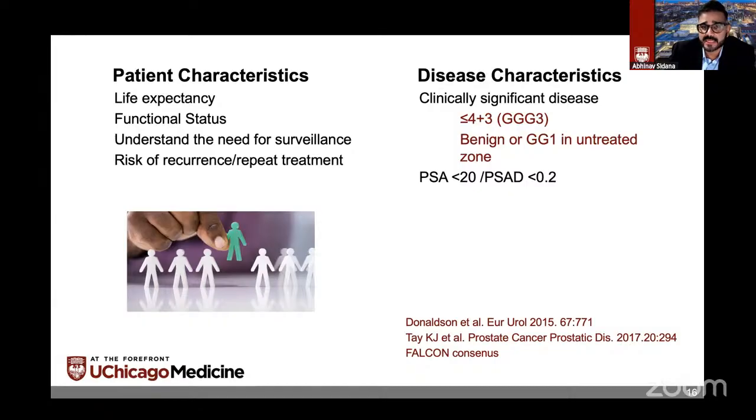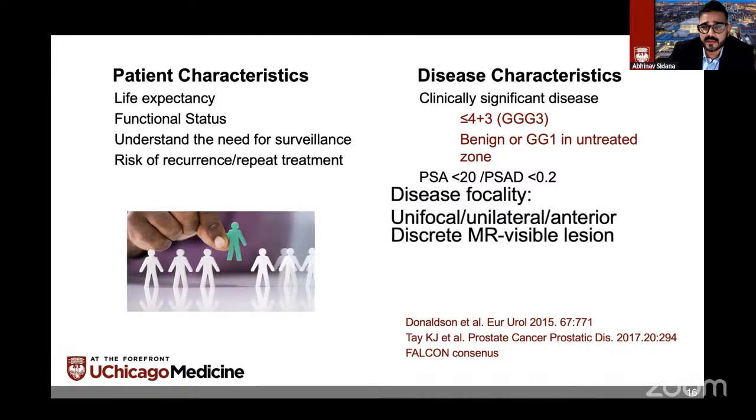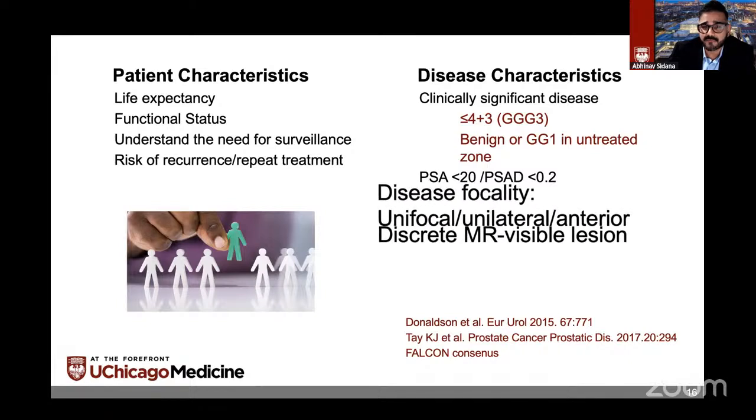In terms of PSA, we select patients with PSA less than 20, or in cases where the prostate is extremely large, PSA density less than 0.2. The biggest and most important factor which determines focal therapy success is the disease focality. Patients who have unifocal, unilateral, or anterior-only MR-visible disease are ideal for focal therapy.